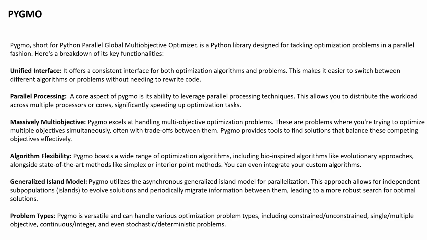You can have multiple functions for one generation, some addition or something. So multi-objective optimization becomes a little bit tricky.